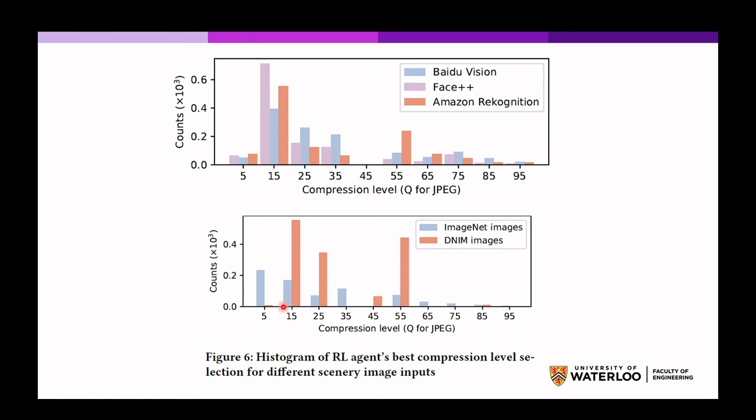The histogram shown in this figure points out that for the ImageNet images, the agent prefers lower compression levels, but its choices are distributed more evenly. For the other dataset, the agent's choices are more accumulated in some relatively high compression qualities.